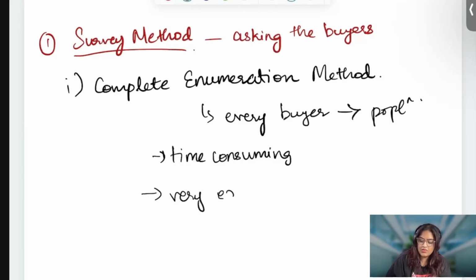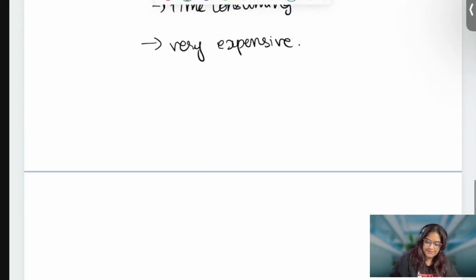So these are the two major disadvantages of the complete enumeration method. It is practically very difficult for large markets, so this method is suitable only when the market is very small. Only when your target customers are very few can you go and talk to each and every one of them. So the complete enumeration method is when you talk to every potential consumer in the market. It has two major disadvantages: it is time consuming and it is very expensive.